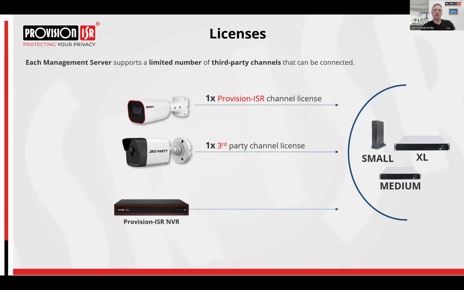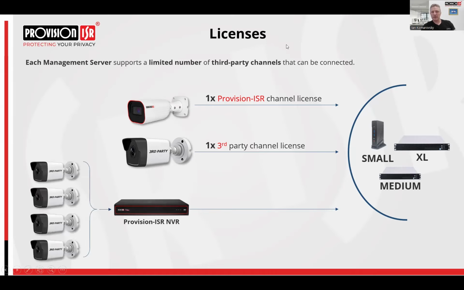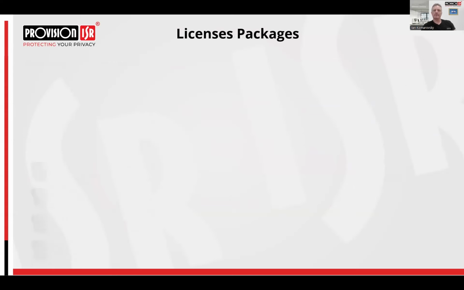But what you need to know is when you're connecting a Provision-ISR NVR, and behind that NVR you have four third-party cameras, we still are going to talk about those as Provision-ISR channel licenses because you are connected to the NVR of Provision-ISR, okay? So when those cameras are hiding behind it, we are taking into account that those cameras are Provision-ISR cameras, okay? This is number one.